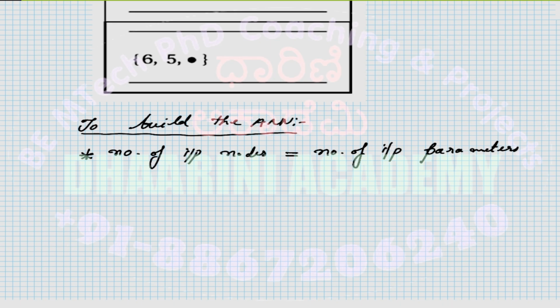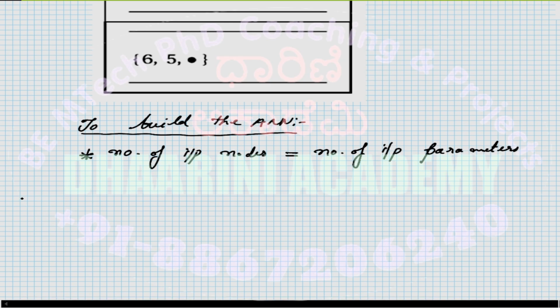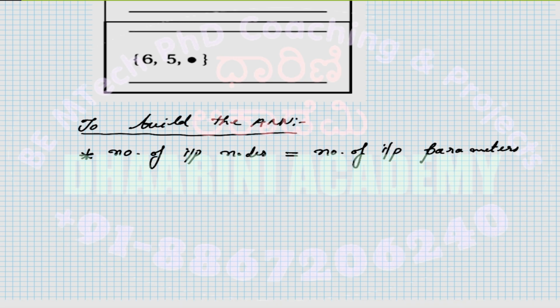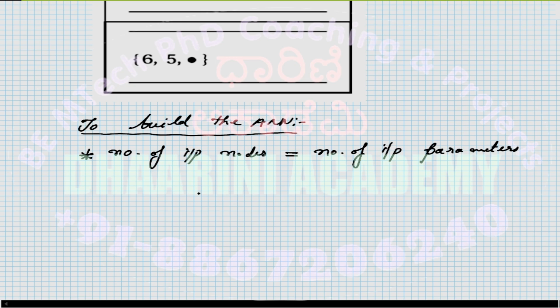Once I know how many input nodes are to be selected, we need the output node. The number of output nodes depends upon how many groups are to be addressed. If you have two groups, you just need one node. Number of output nodes equal to 1.